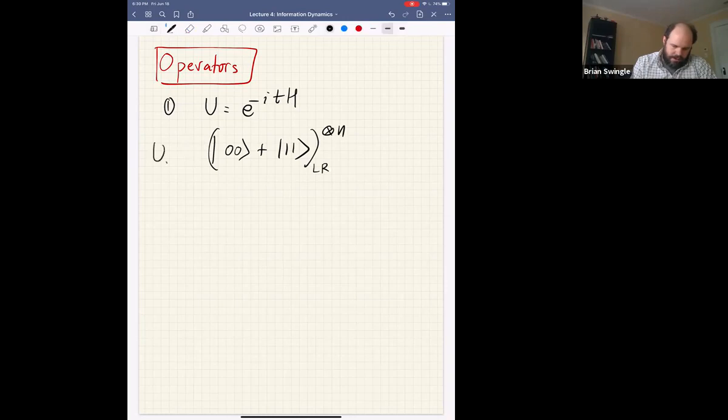And you think of U as being something which acts on the left and does nothing to the right. So the picture is like this. You have U, which is an operator, and you apply it to a Bell pair.